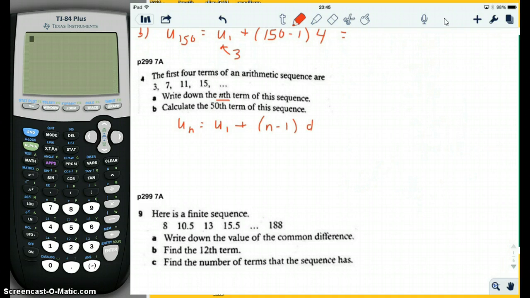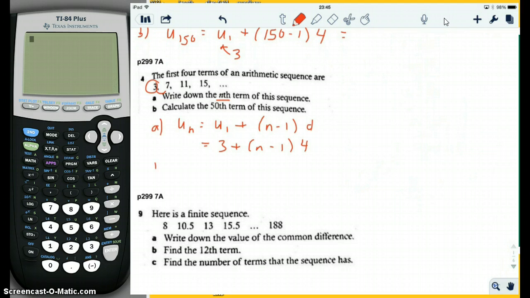And you're just not going to fill in the n. The n is going to stay n. So u1 is 3, right? N minus 1 is n minus 1 because you don't know what n is. And d would be the distance between each of these numbers, which is 4. Okay? So the nth term would be 3 plus n minus 1 times 4. If you want to simplify that, you can.